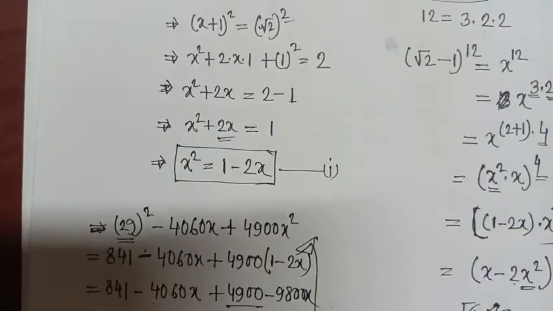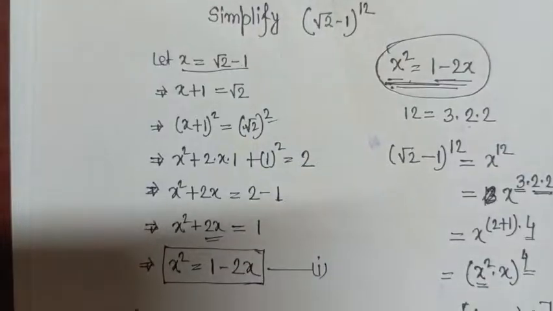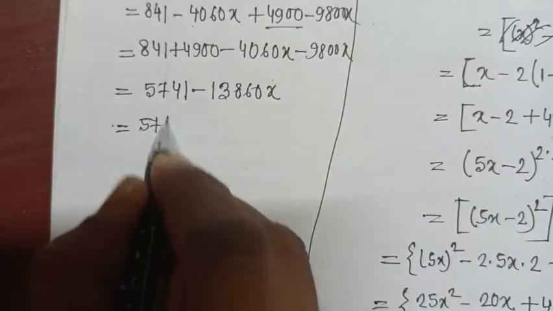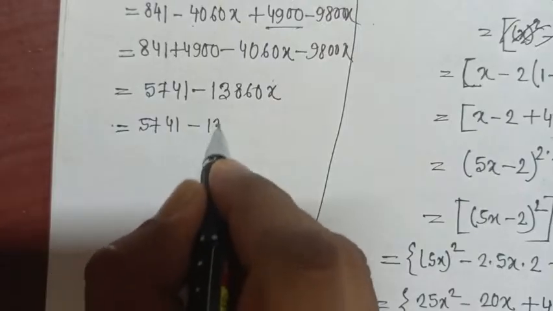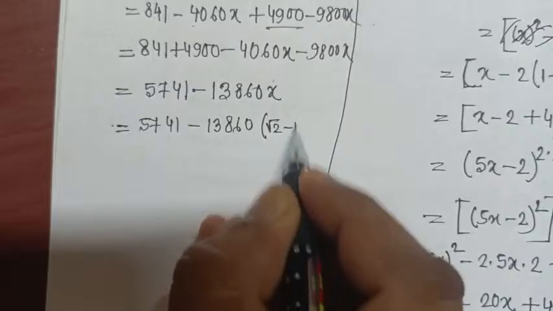Now we already let that x is equal to root 2 minus 1. Now we are going to put this one, that 13860 into root 2 minus 1.